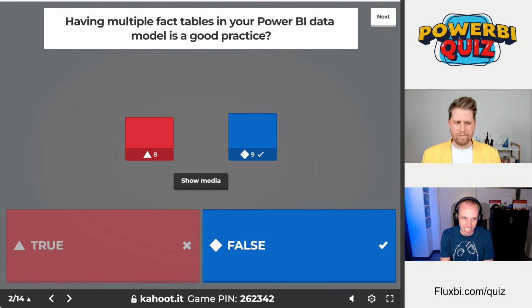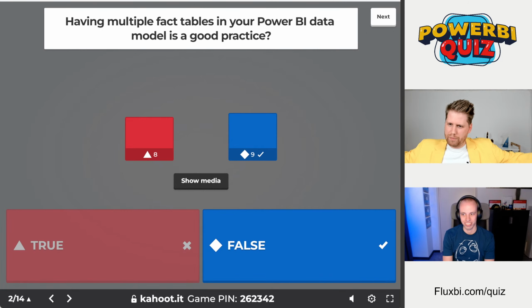Yes, there are cases where multiple fact tables in your Power BI data cannot be avoided or is fine, but in principle, aim for a star schema with just one fact table in the middle, surrounded by dimensions.